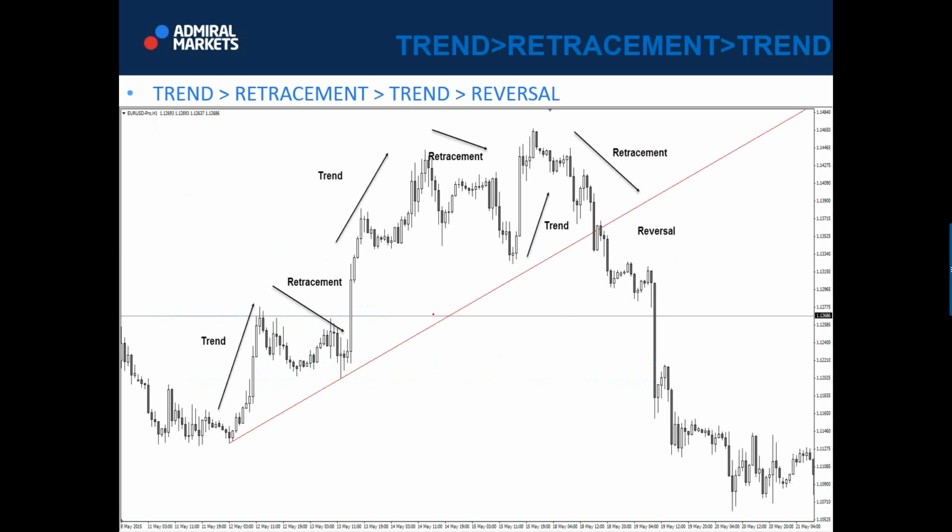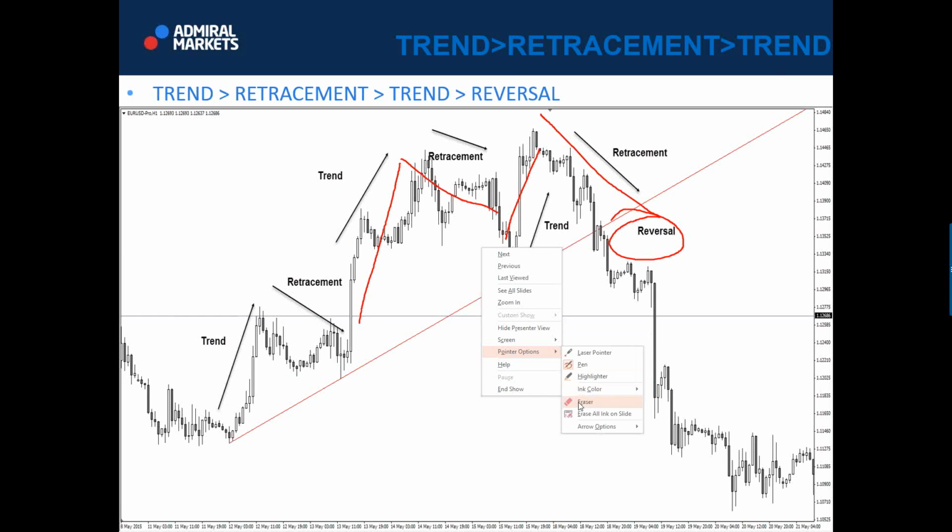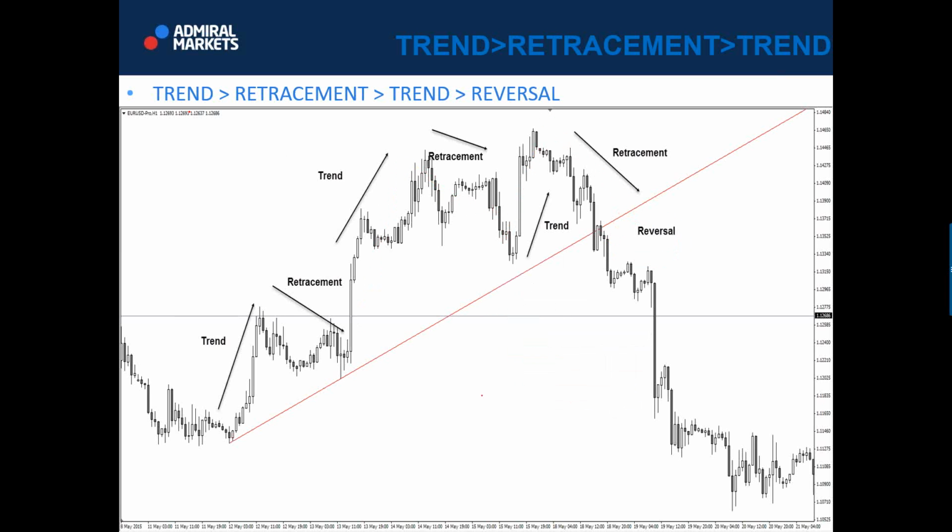So this is the trend retracement reversal pattern. First we have a trend. You see, this is a trend. Then we have retracement. Then we have another trend push, then retracement, then trend push, retracement. This is not a retracement, this is reversal. So there is a standard pattern which we use. It's called trend, retracement, trend, reversal.